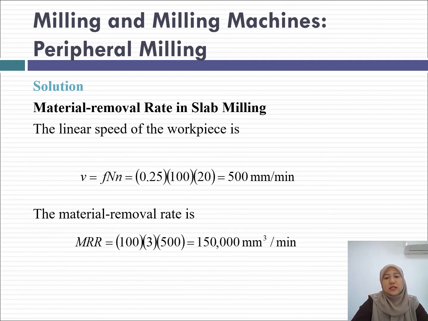You get the answer of 150,000 mm cube per minute. So the unit is in mm cube per minute. The equation gives you the length of the workpiece times the depth of cut 3 mm times the cutting speed, which is V.